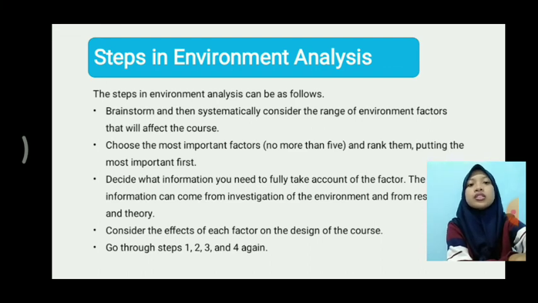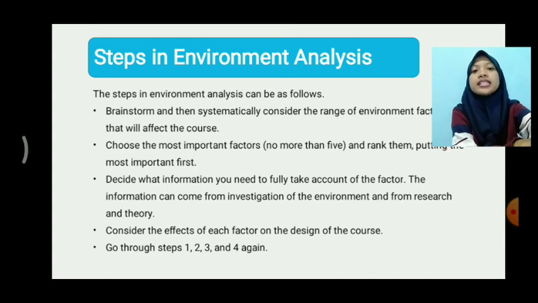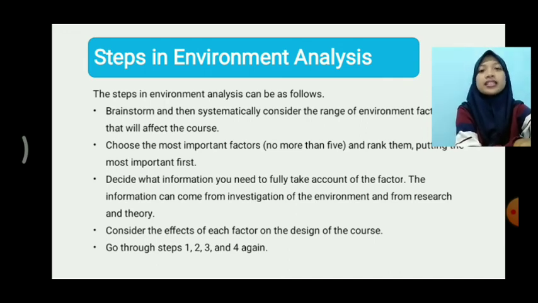The second, choose the most important factors, no more than 5, and rank them, putting the most important first. The third, decide what information you need to fully take account of the factor. The information can come from investigation of the environment and from research and theory. The fourth, consider the effect of each factor on the design of the course. And the last, go through steps 1, 2, 3, and 4 again.